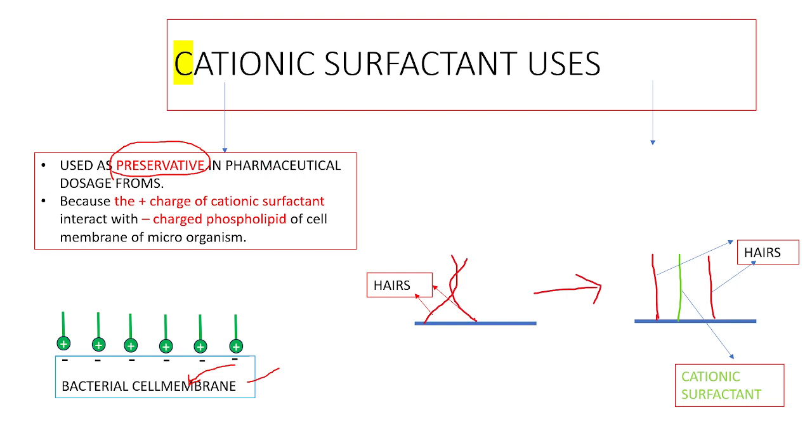If we add cationic surfactants, they will bind with the negative charge present on the microorganism. After precipitation, it acts as a preservative. By formation of this positive and negative ionic bond, cationic surfactants act as a preservative in pharmaceutical dosage forms like parenterals, tablets, emulsions, suspensions.